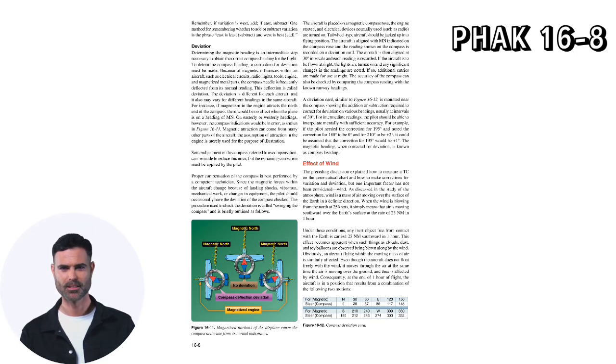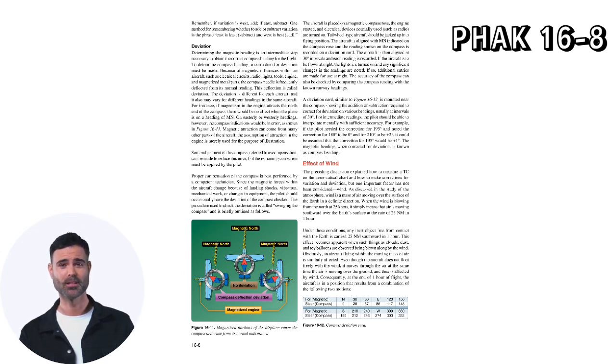Under these conditions, any inert object free from contact with the Earth is carried 25 nm southward in 1 hour. This effect becomes apparent when such things as clouds, dust, and toy balloons are observed being blown along by the wind. Obviously, an aircraft flying within the moving mass of air is similarly affected.